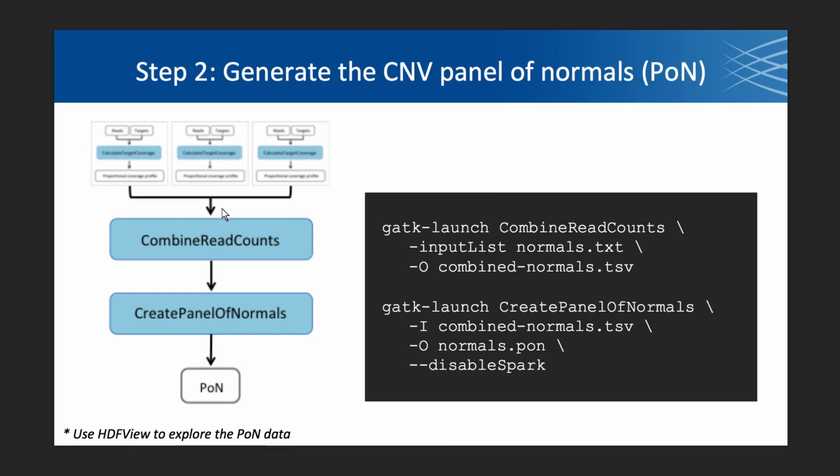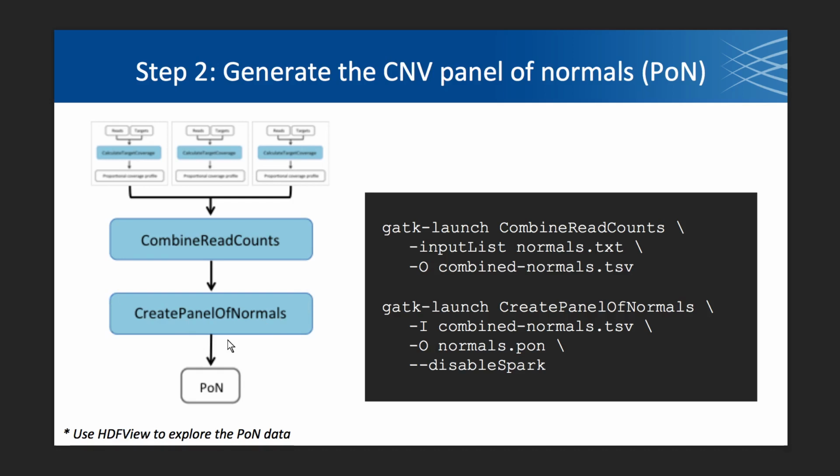For certain capture kits, we found 150 to 300 normal samples is where the benefit plateaus. So you want to do some testing for how many normals you will need for your PoN. You put them through a tool to combine all of their read counts into a single file with combined read counts, and you put that combined read counts file into create panel of normals to get your panel of normals.